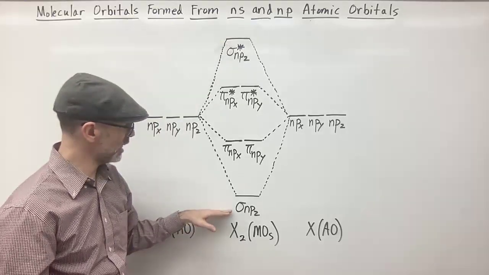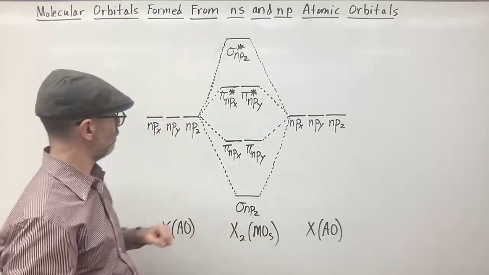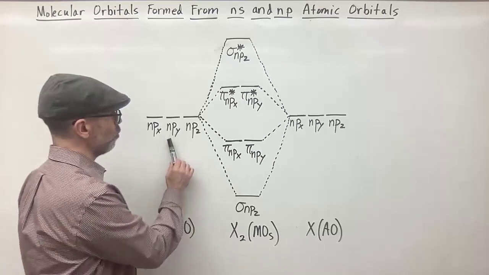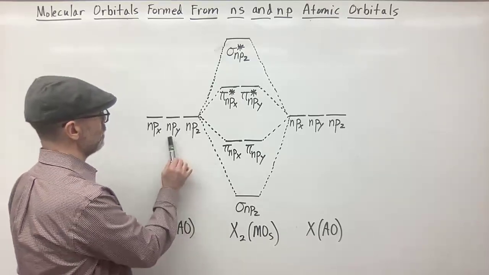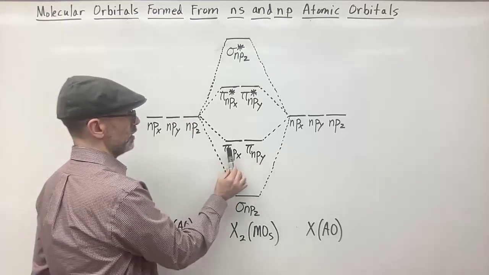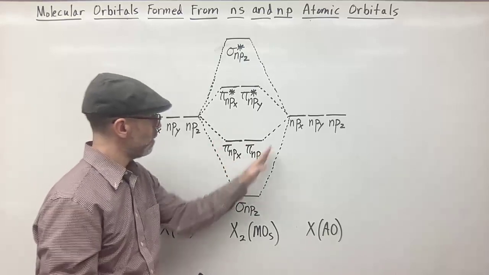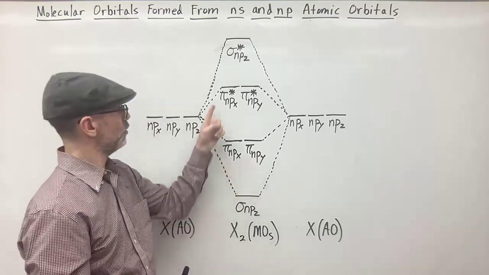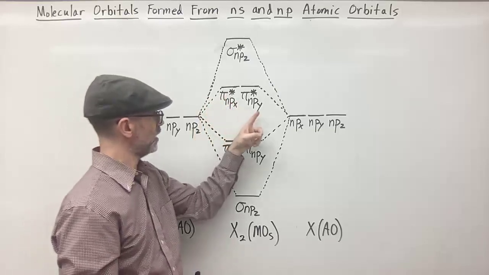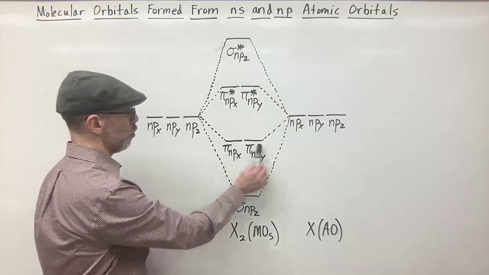So you can see here that I'll talk about the energy level differences in a moment. And you'll see here that the 2py and 2px are going to interact, and you get the pi 2px and the pi 2py bonding orbitals here, and you get the pi 2px star and the pi 2py star orbitals here.